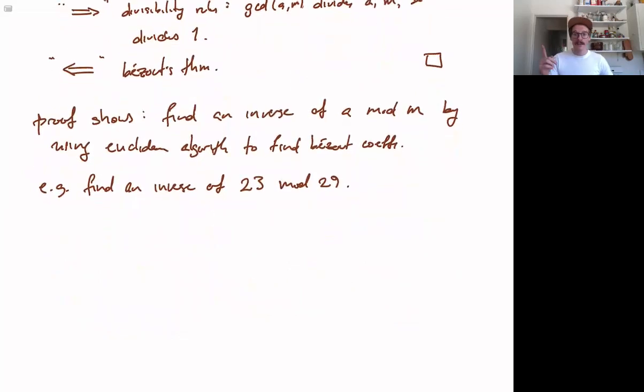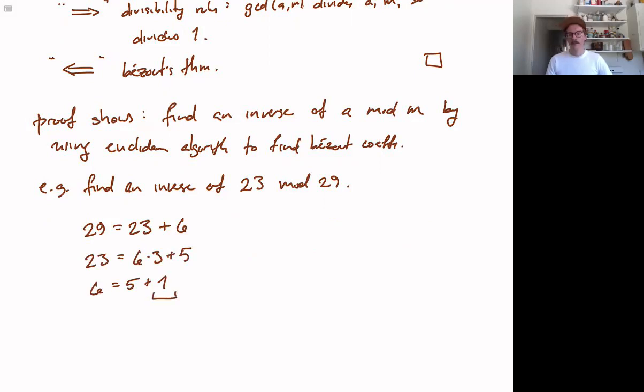Let's even review the Euclidean algorithm. How does it work? It's just the division theorem again and again. So 29 is 23 plus 6. And then 23 is 6 times 3 plus 5. And then 6 is 5 plus 1. So when we get a remainder of 1, we're finished. And that's the GCD.